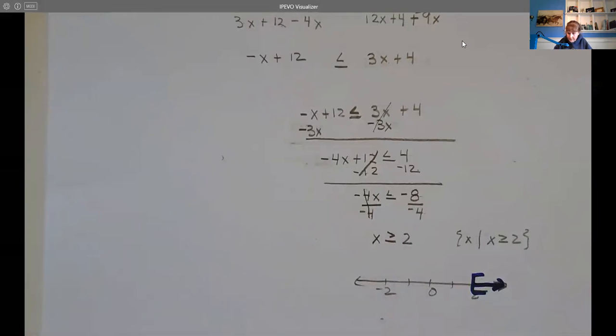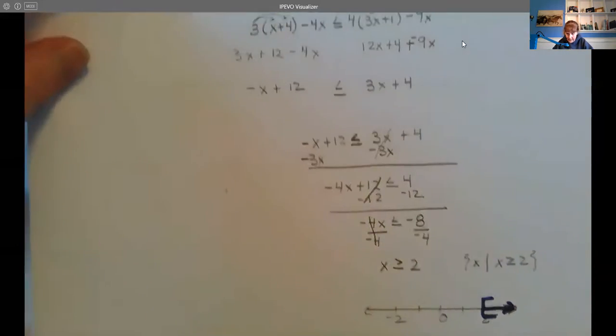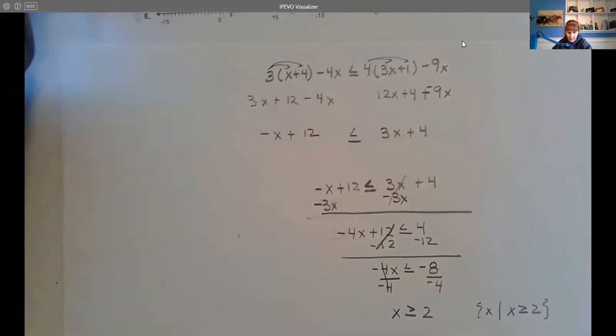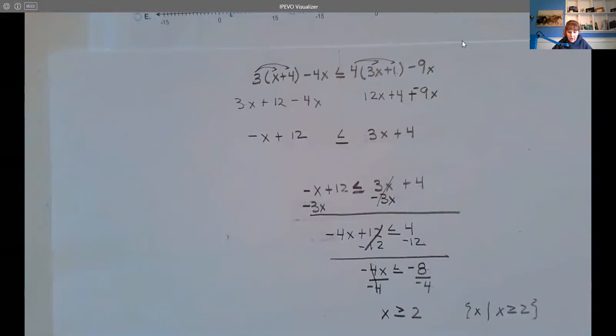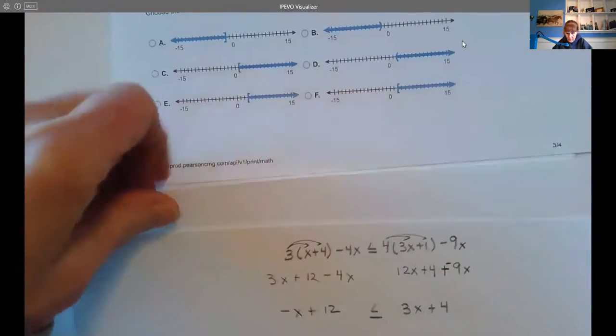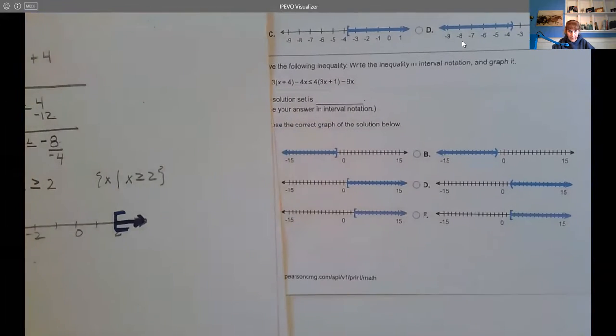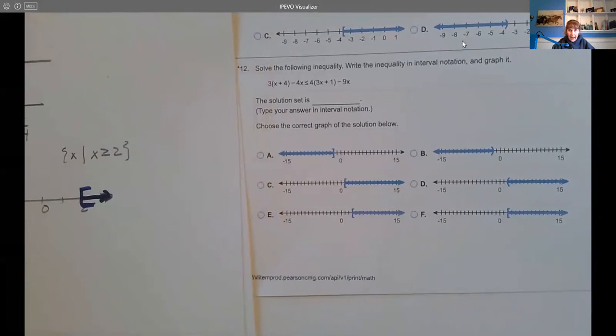All right. Now looking at these solutions here, maybe I can put them side by side. We have a bracket.